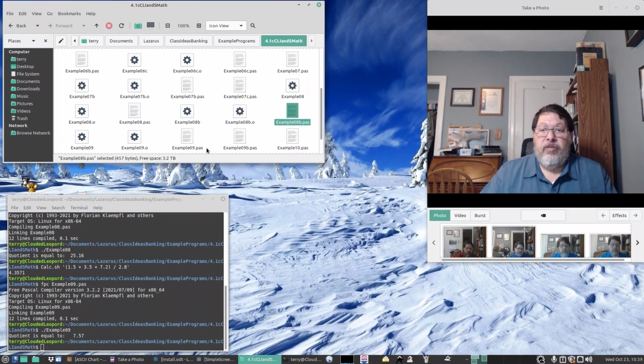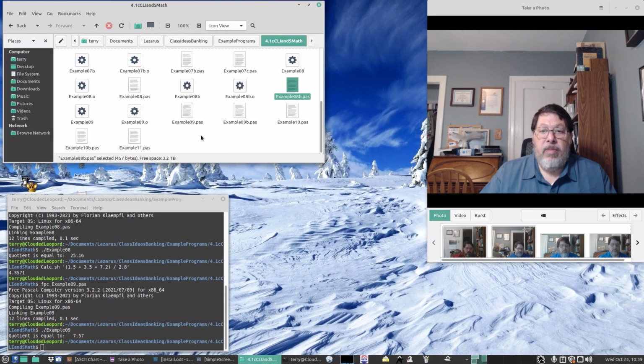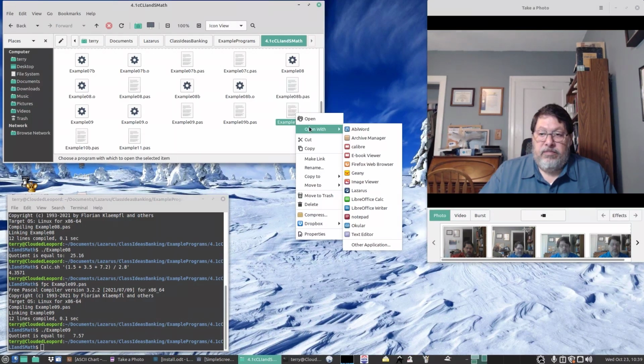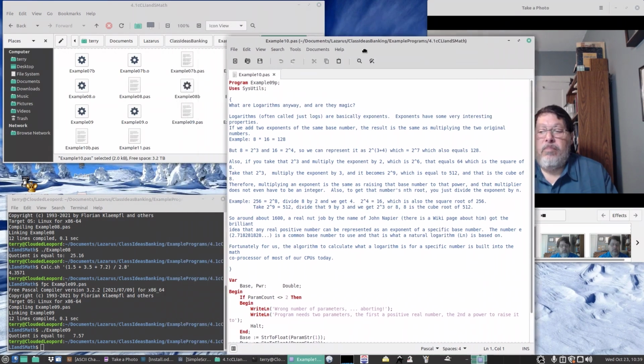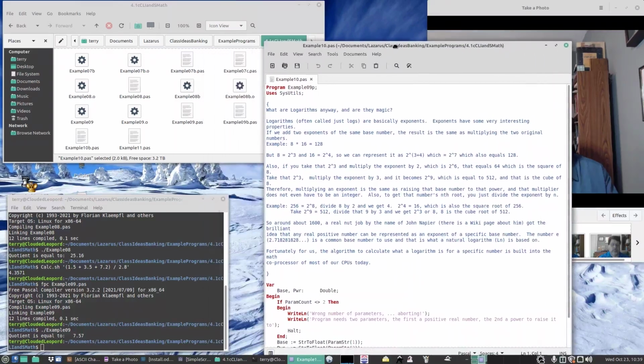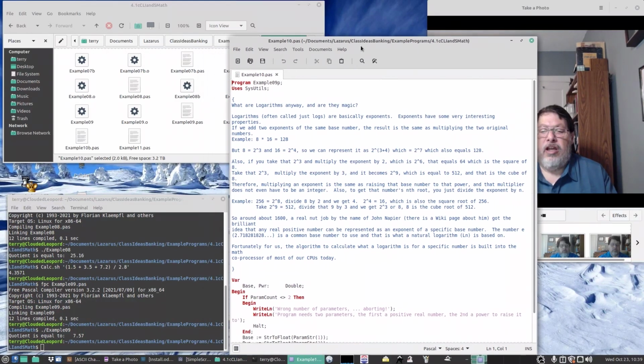And finally, I want to discuss logarithms. Logarithms are very important to computer science.